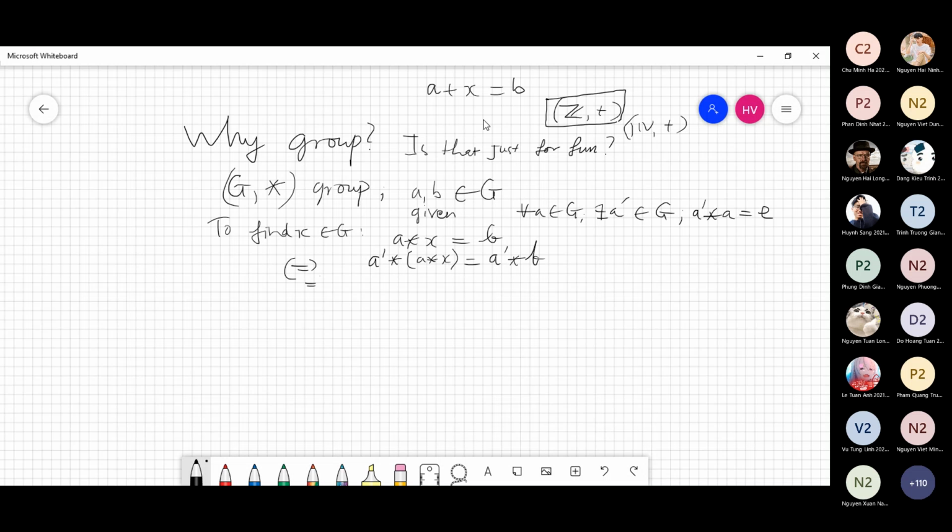Now you see that in a group the star is associative, so you can put brackets here. And here A' * A gives E, but E is the neutral element, and E * x is again x.